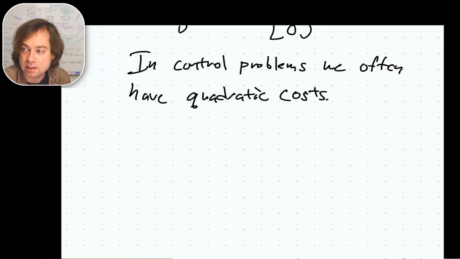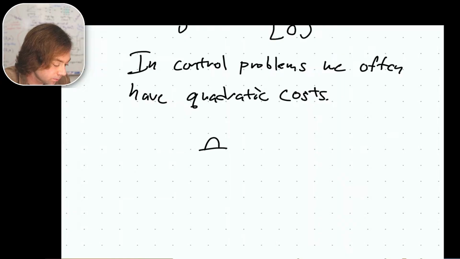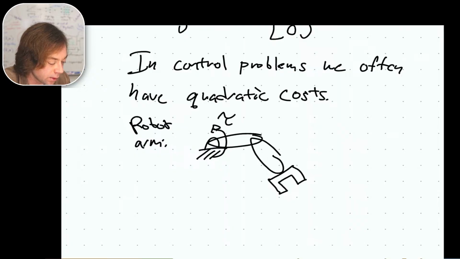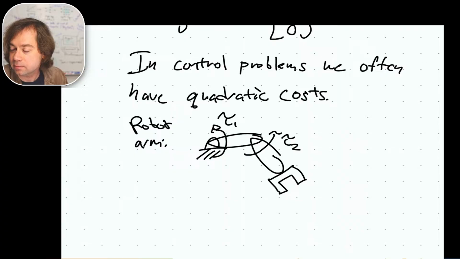So for instance, imagine you have a robot arm. Okay. Looks like this. Got a little gripper on the end. You apply a torque at this motor here. We'll call it torque 1. Torque at that motor, torque 2.